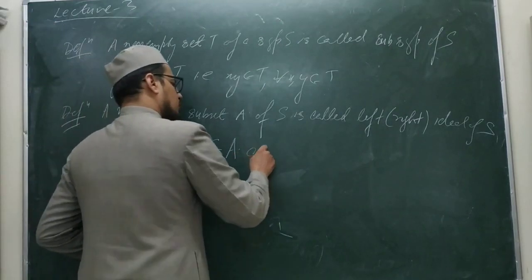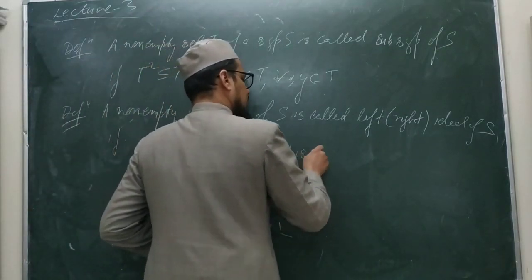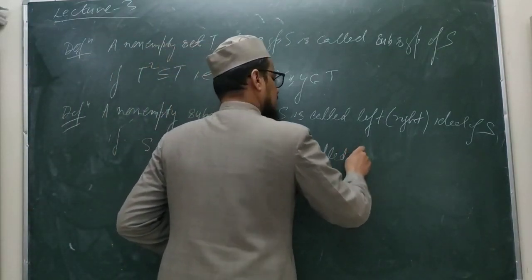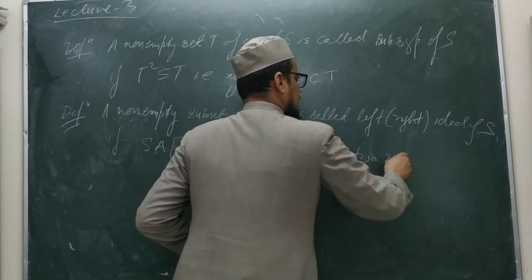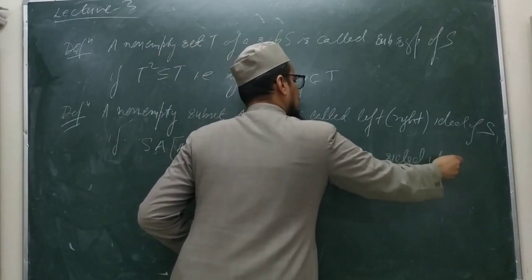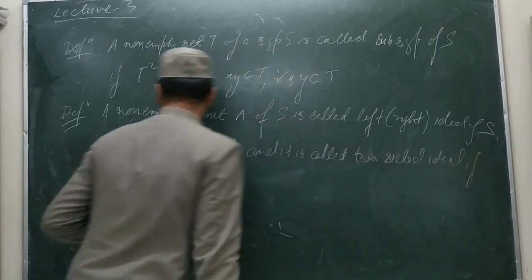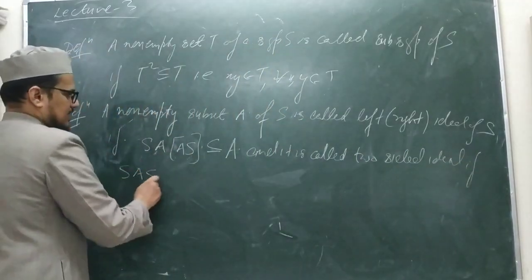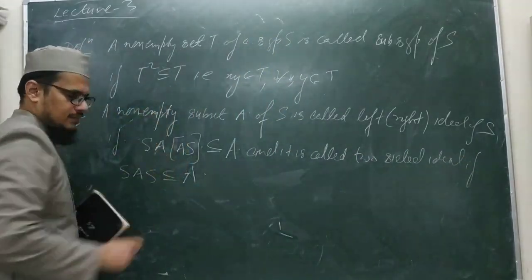And it is called a two-sided ideal if SAS is a subset of A.